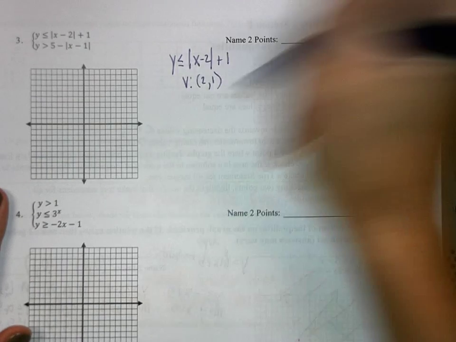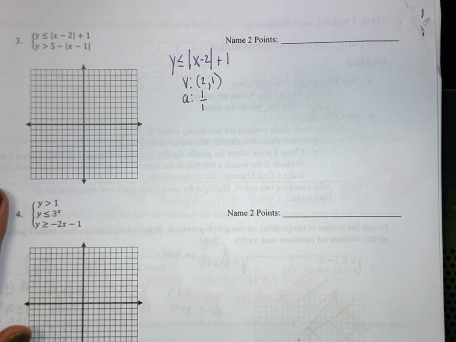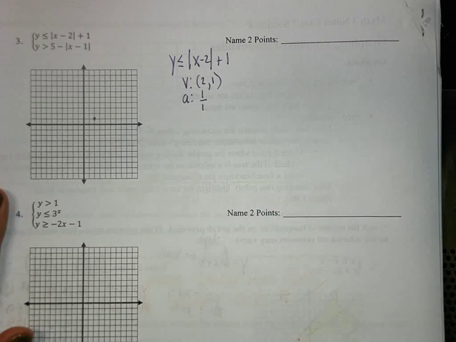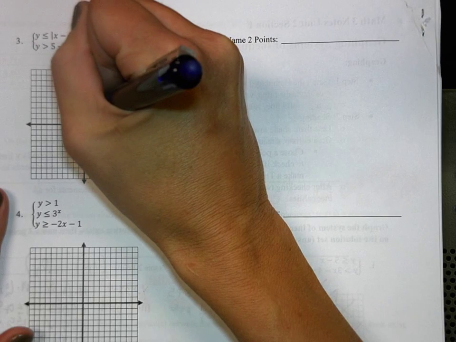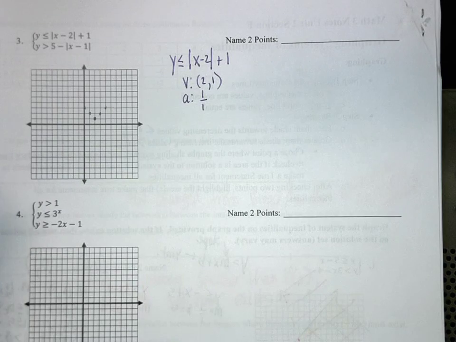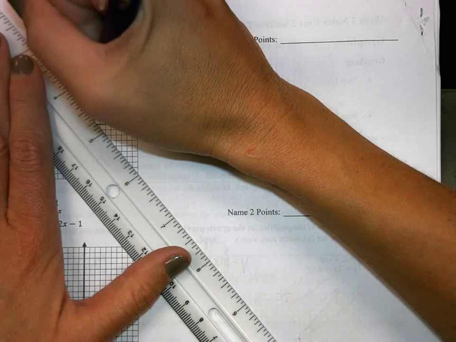And then my a value on this, which works out for me to actually use, is 1 over 1. Okay, so we go right 2, up 1, plot my vertex, and from there I'm going up 1, right 1, up 1, left 1, and so on. And then we can go ahead and draw our lines. Will this line be solid or dashed? Good.